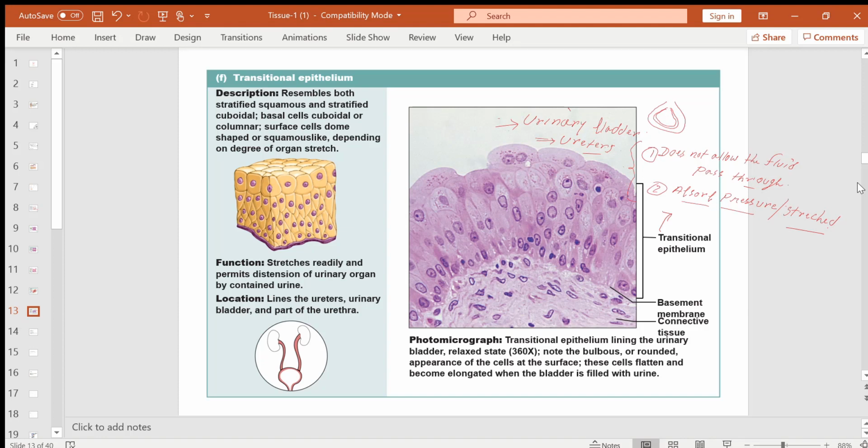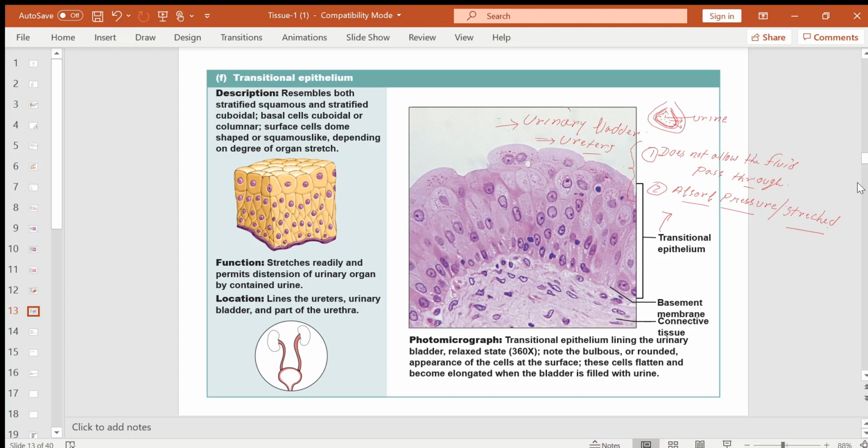So here, this is the urinary bladder. You have urine here, right? Since this epithelial lining is transitional, it will not let the urine go back to the body. Urine will stay inside.